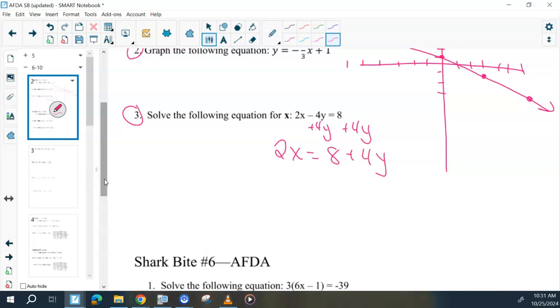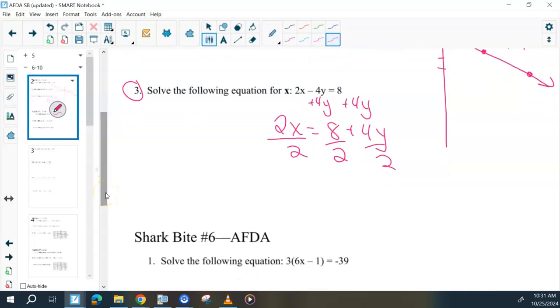And then our last step would be to get x by itself, divide everything by 2, so that everything simplifies. x equals 4 plus 2y. Or if you put 2y plus 4, that was also fine.